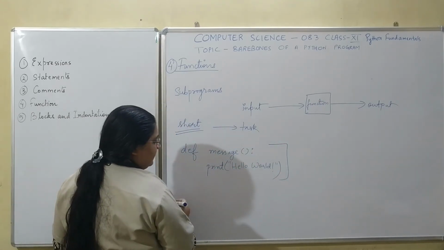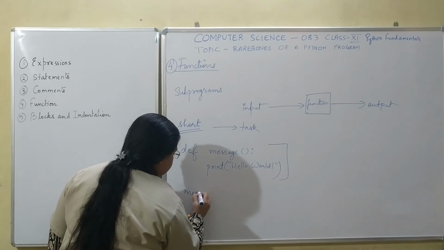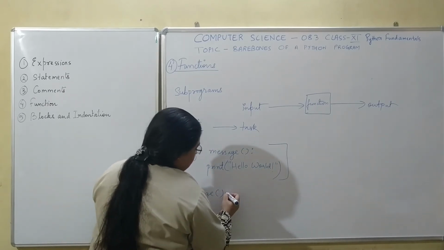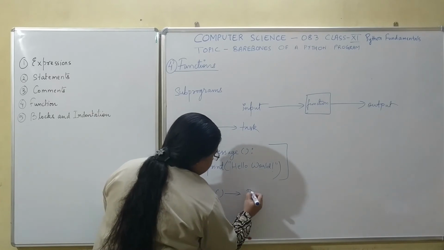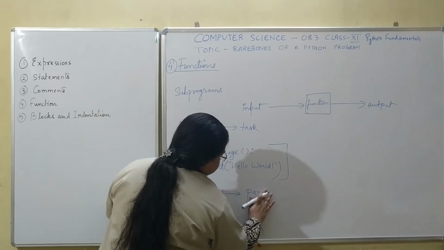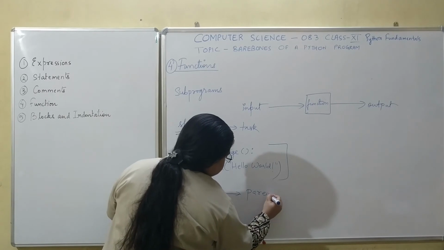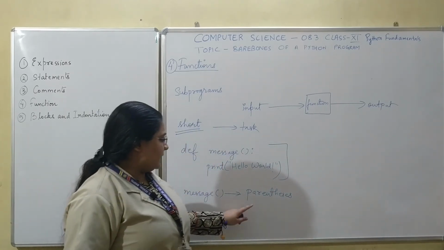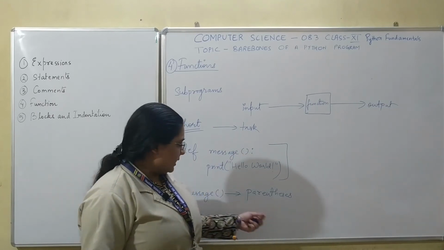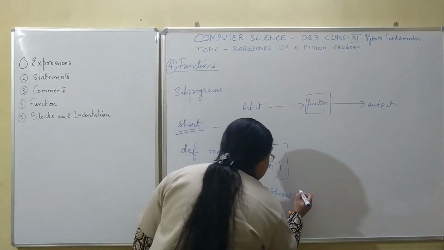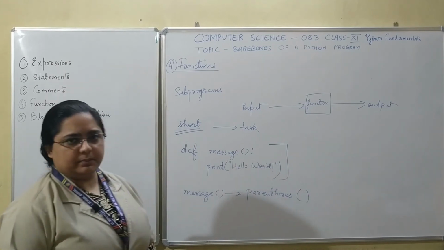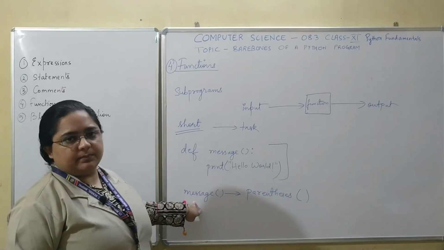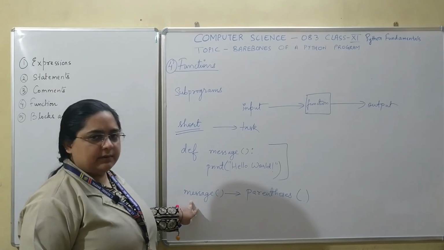Whenever we call this function in our program, we would be calling it like this: message followed by this pair of round brackets which are known as parentheses. Parenthesis stands for these pair of round brackets. Always you will have parentheses after your function name.